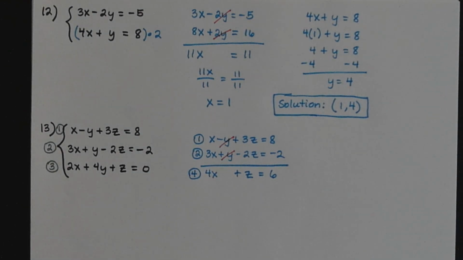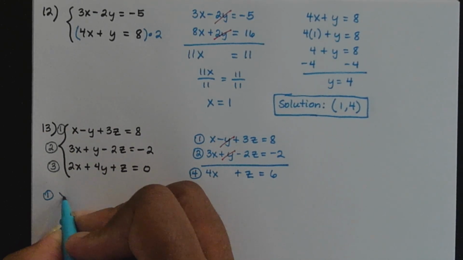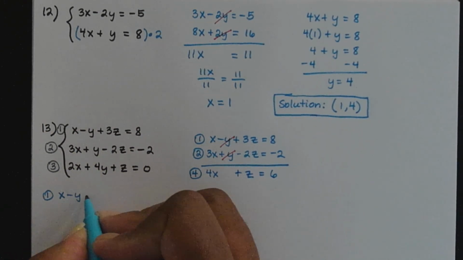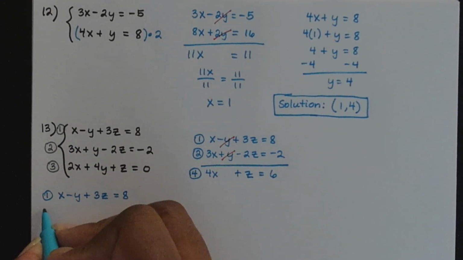Next, I need to pick another pair of equations and eliminate the y. So which two equations do you want to use? 1 and 3. Okay. In fact, that's what I chose. x minus y plus 3z is equal to 8. That's the first equation.